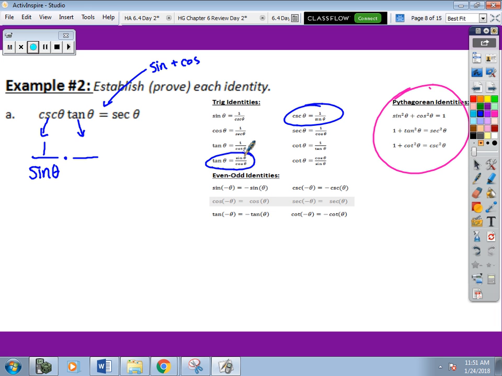So tangent of theta is equal to sine theta over cosine theta. And then it's up to you. Some students like to change the other side also, and then they'll just get a fraction equals a fraction. Some students like to leave this secant and they'll end with secant equals secant. I don't care. I think last year most people liked to change this one also, so that's what I'll do. Secant is our 1 over cosine.